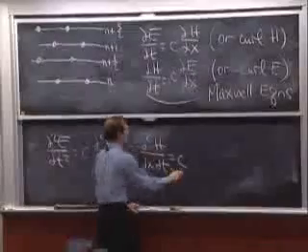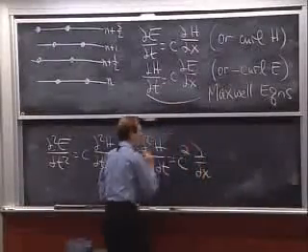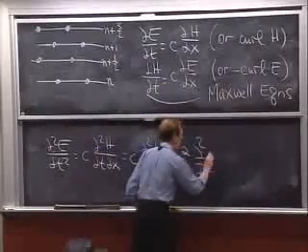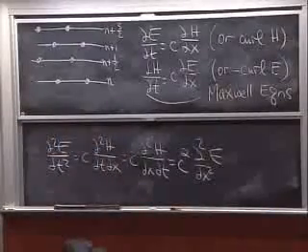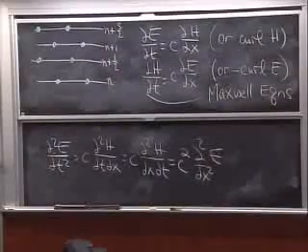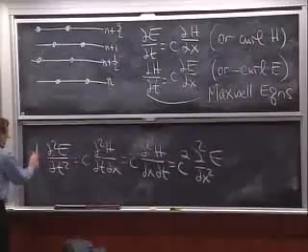Now I have the x derivative, or c times it, so now I'm up to c squared, the x derivative of the x derivative. Okay. So we eliminated h, got back to one equation, second order, and it's the wave equation.